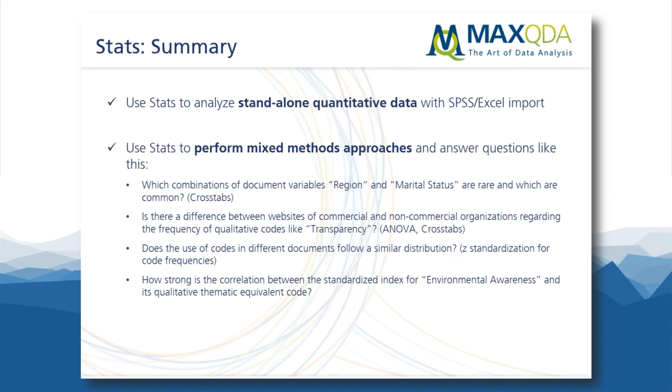Another option might be, how strong is the correlation between the standardized index for environmental awareness and its qualitative thematic equivalent code? For example, we have often discovered big differences when we conducted a survey and asked, how often have you visited our lecture?